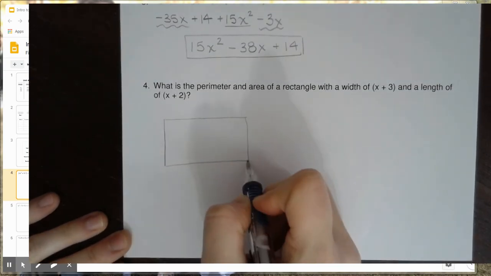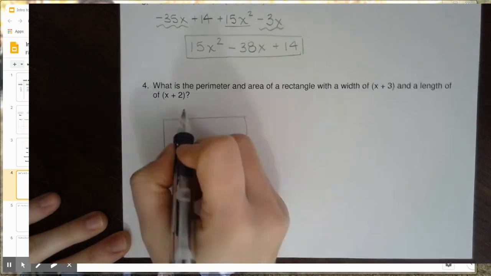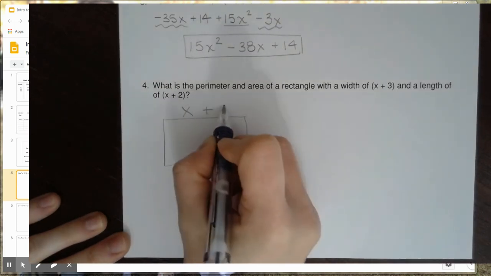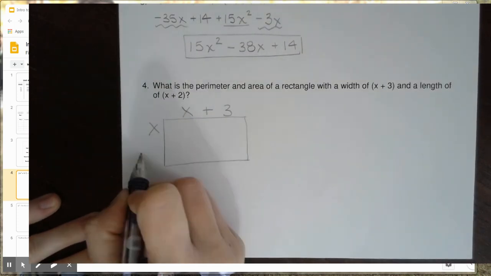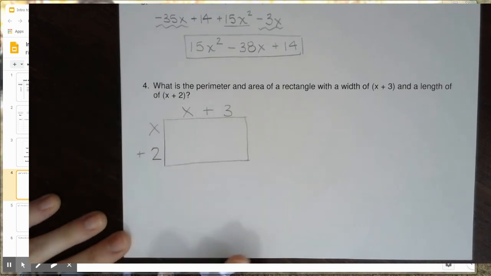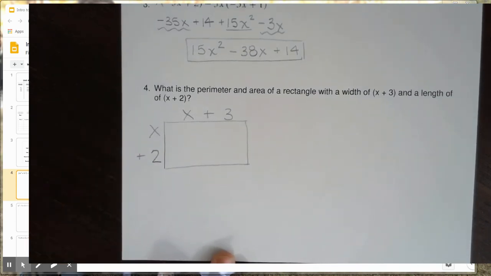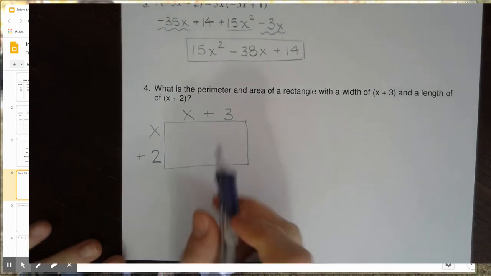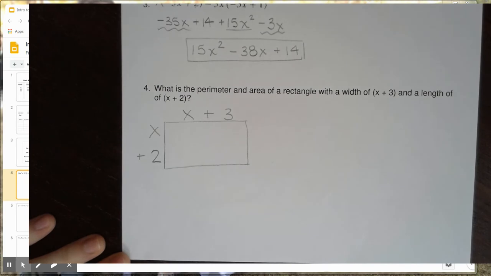So here's my rectangle. And I've got x plus 3 and x plus 2. And yes, I did write it weird on the side, and I'm going to show you why in just a moment. This is what I'm going to use to think about area, and I'll show you how I'm going to break that down in just a minute.